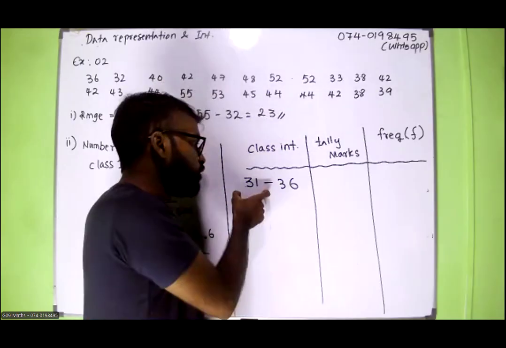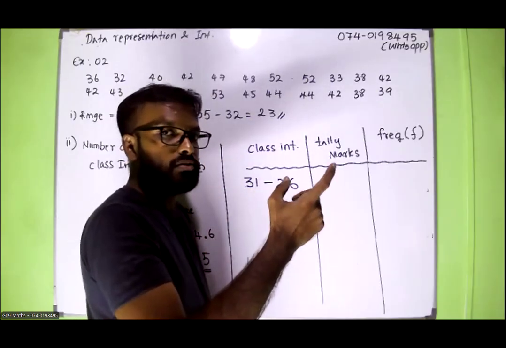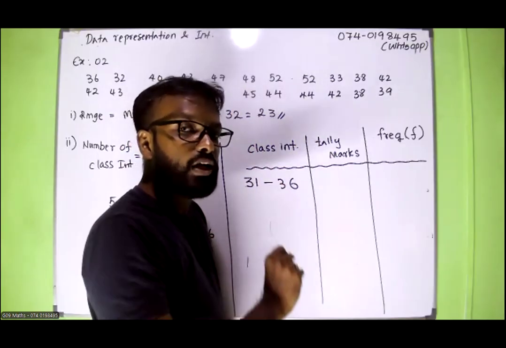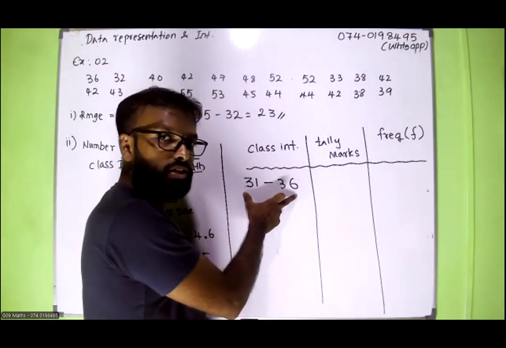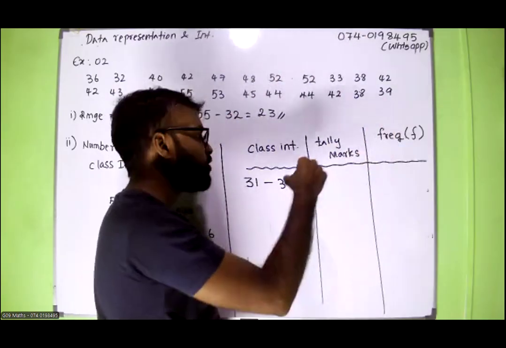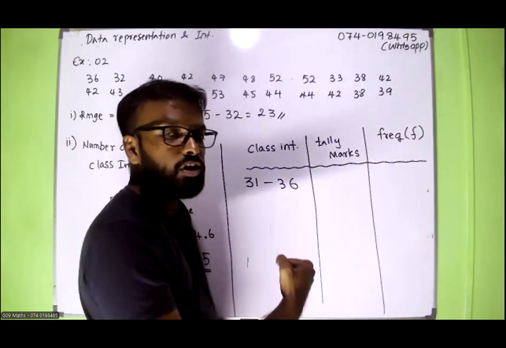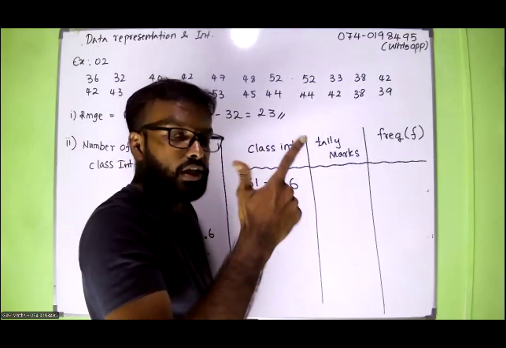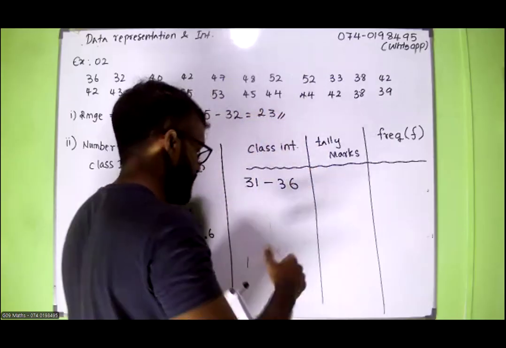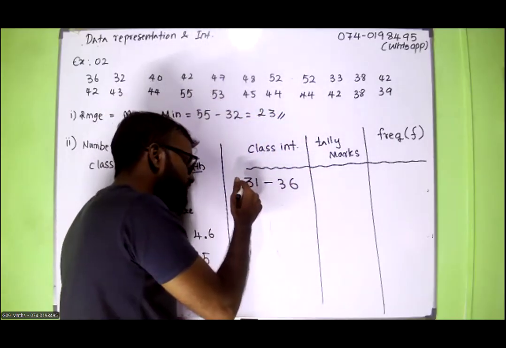We are not going to include 31. If you remember the definition we wrote down earlier, the meaning of this class interval is the values greater than 31 and less than or equal to 36, so 32, 33, 34, 35, 36. So the class width is 5. This is the first class interval.